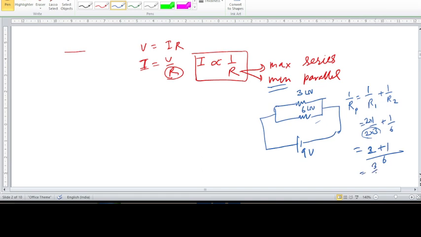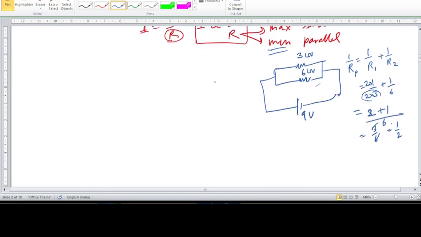So this is 3 by 6, which comes out to be 1 by 2. Now if 1 by Rp is equal to 1 by 2, then Rp is simply 2. Why? We have reciprocated this: just invert the right side and the left side.